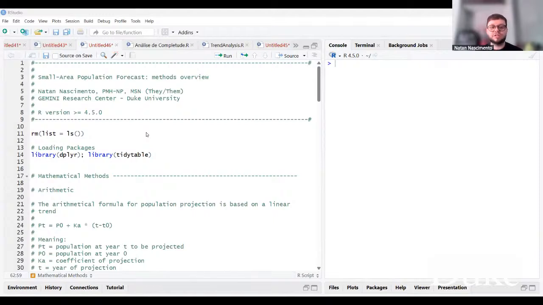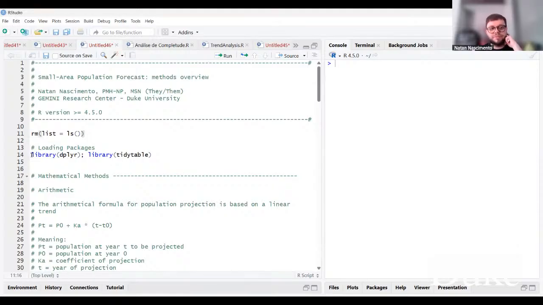So the idea here is to show mathematical methods because they are the best ones when we don't have any resources. And then the Hamilton-Perry one, because it's the best one when we want to project the stratified populations by age, sex, race, gender, or any other stratification we might want. So I'm going to show you how to simply calculate those on R. I just copy paste.